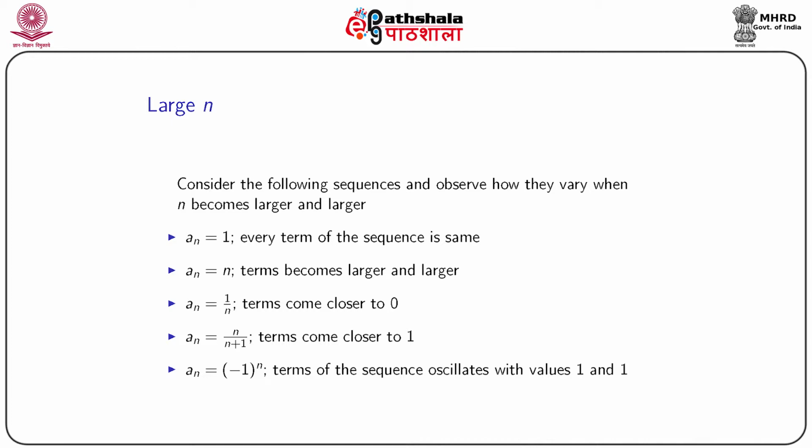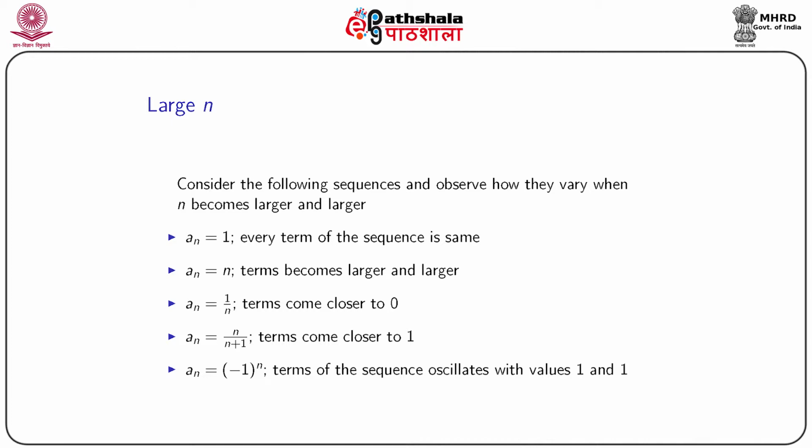First, consider the constant sequence, a_n equals 1. Even if I increase n, all the terms of the sequence will be the same. So we call it a constant sequence. Now if we take a_n as n, then as n becomes larger and larger, a_n will become larger too, because a_n is just n.